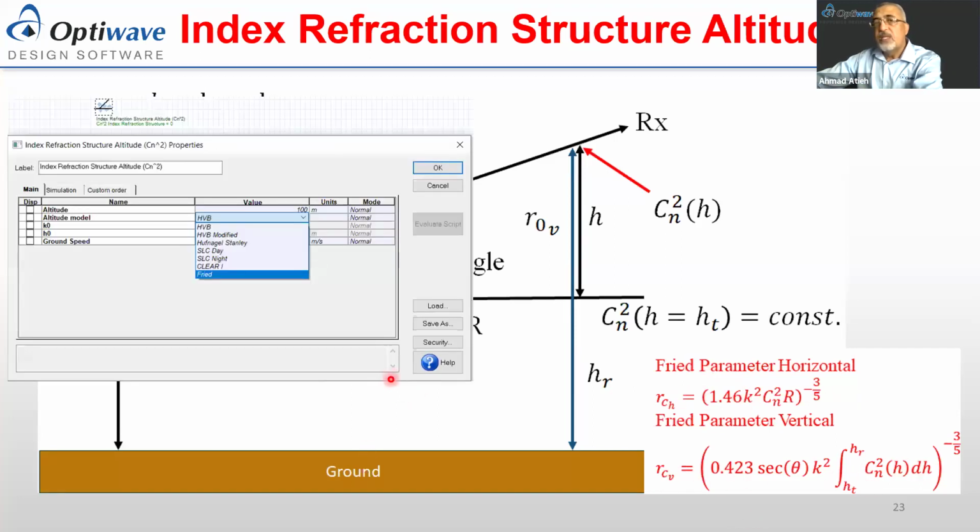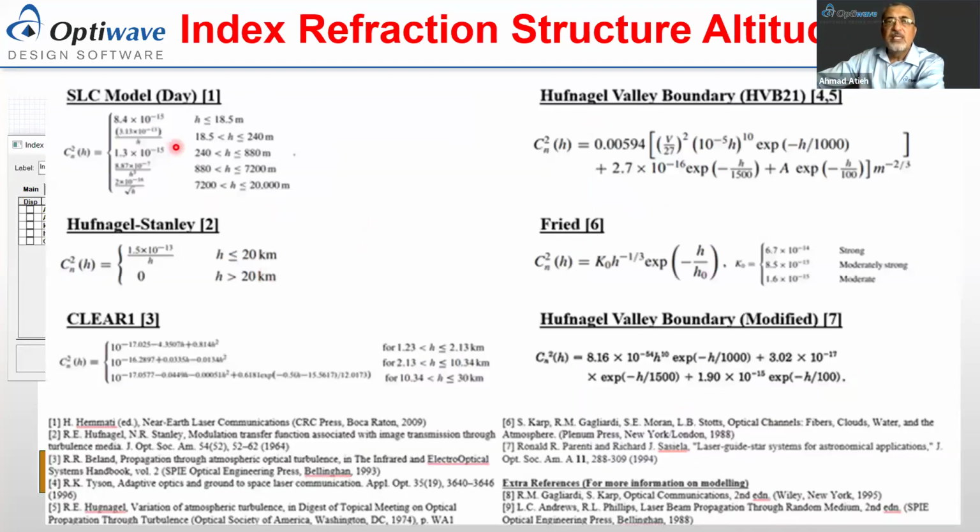Now, the new component here has 7 models added into it. And each model, as you can see here, works in different regions. And different regions can be daylight or night, or can be analytical or empirical formulas. So all of these details are in the data sheet. You can find them.